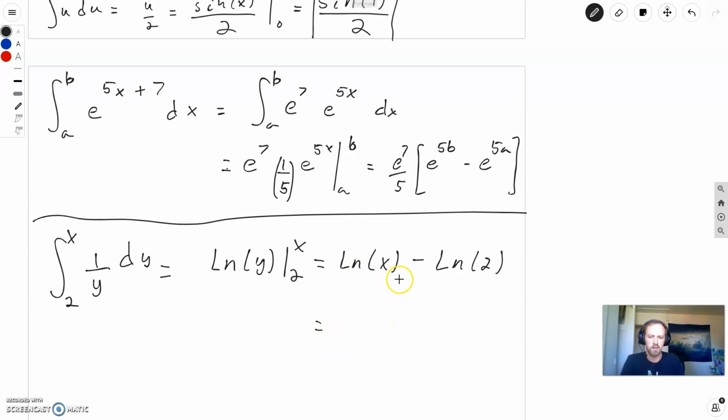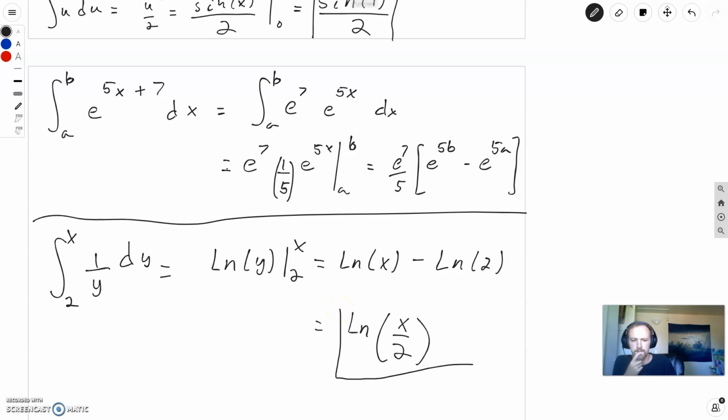And there's a useful log law. If you have two logs that are subtracted like this, then that is the same thing as one log of the quotient between the two, dividing the two. Okay. So either of these two would be totally correct as your right answer.